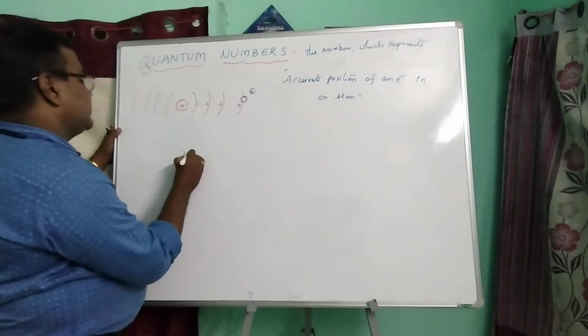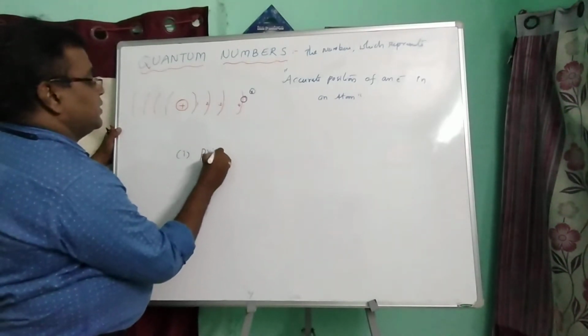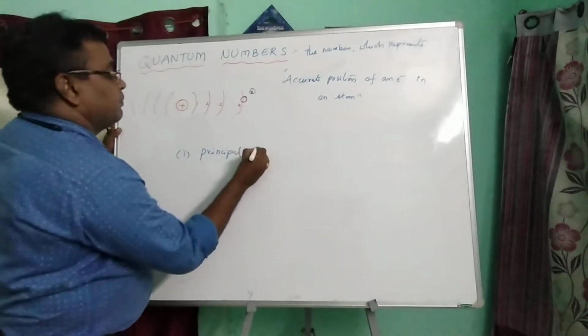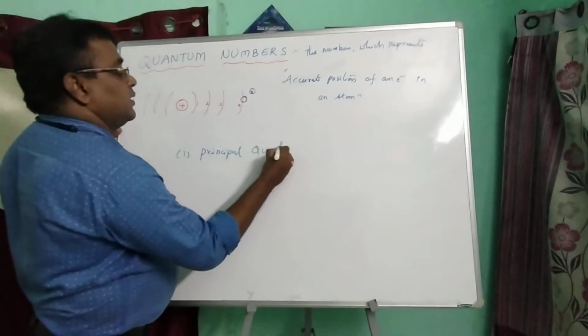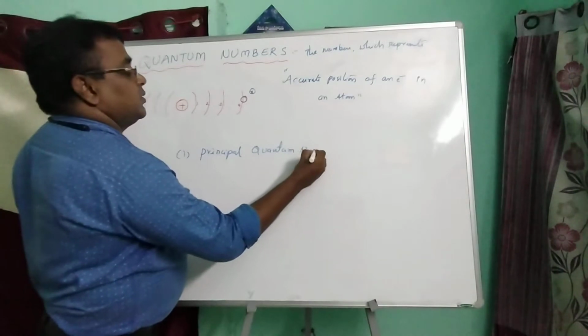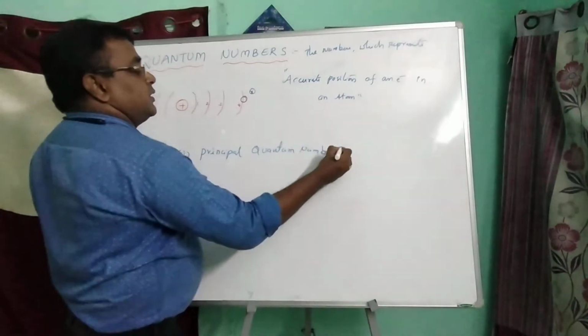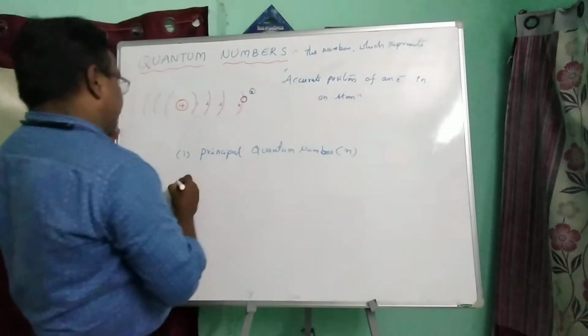The first one is the principal quantum number, represented by small n.